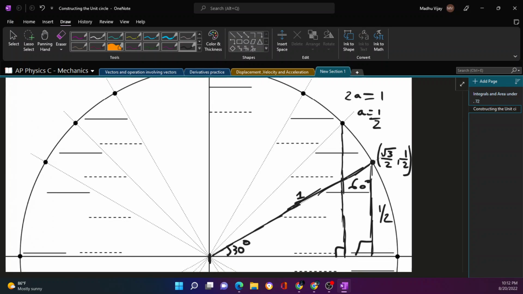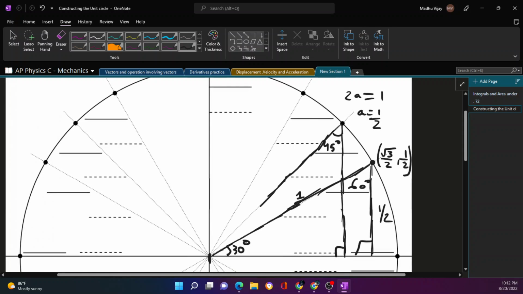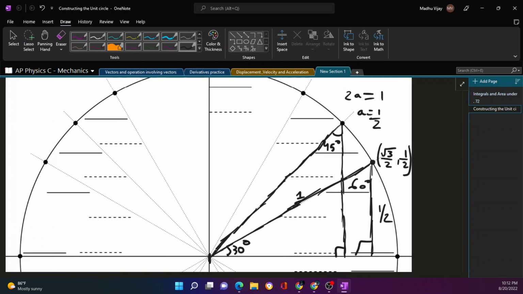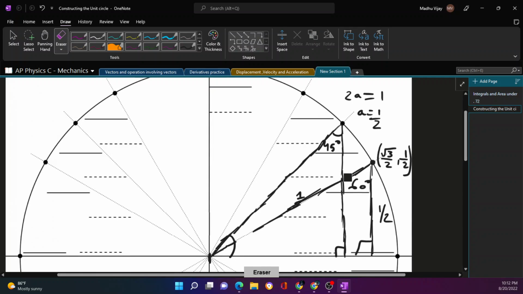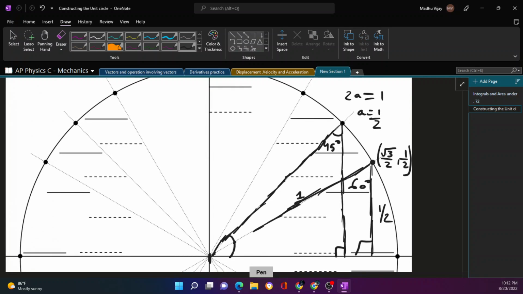We know that's 90 degrees, this is 45 degrees, and I'm going to make this line our hypotenuse. I'm going to erase the 30 for now, so this entire angle here would just be 45.